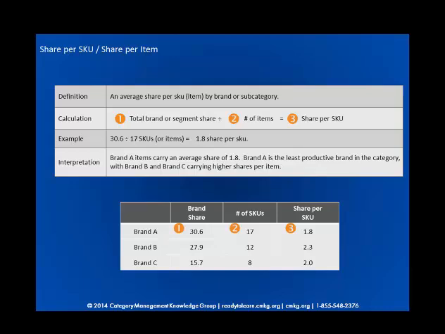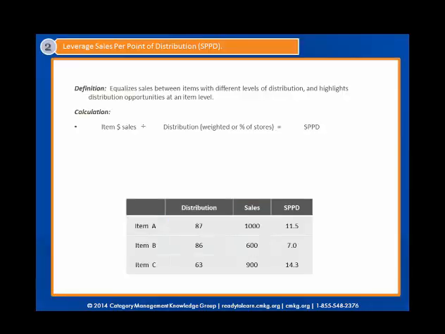Once we have determined which brands are most productive and we've got some direction at that top level, we look at sales per point of distribution. So if you're familiar with this measure, you know how powerful it can be. If you're not, this is a great calculation to put in your arsenal. So what it does is it equalizes sales between items with different levels of distribution and highlights opportunities for distribution at an item level.